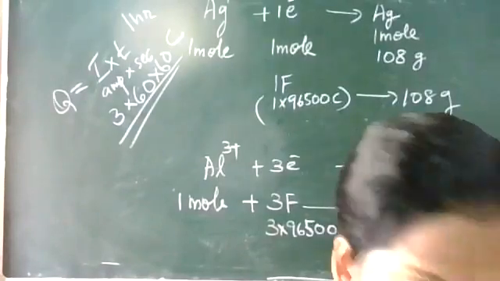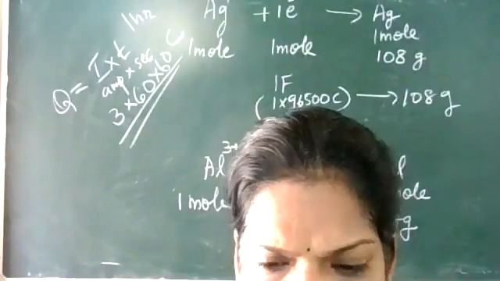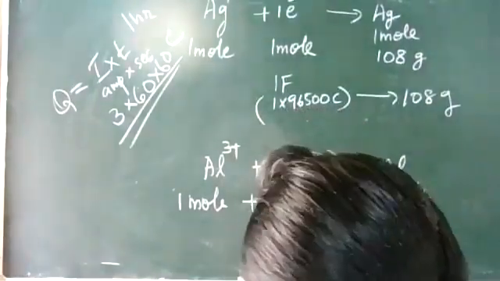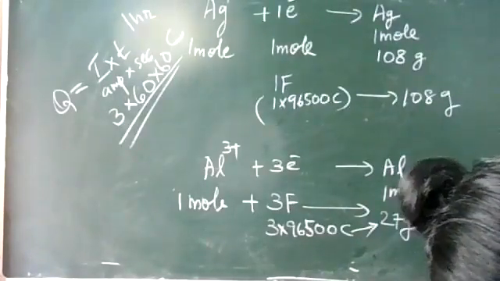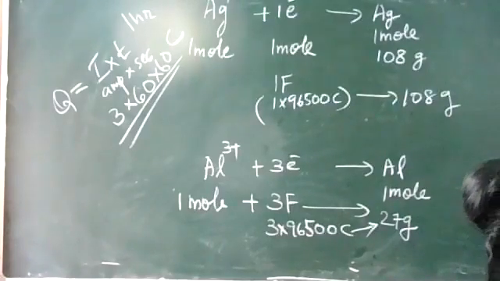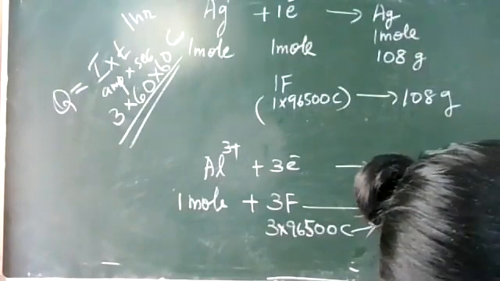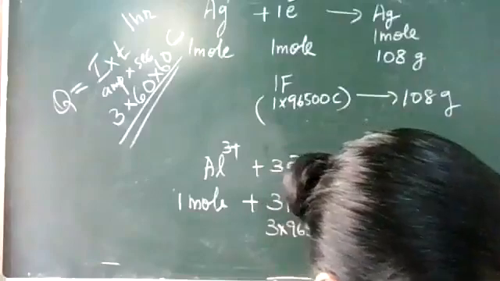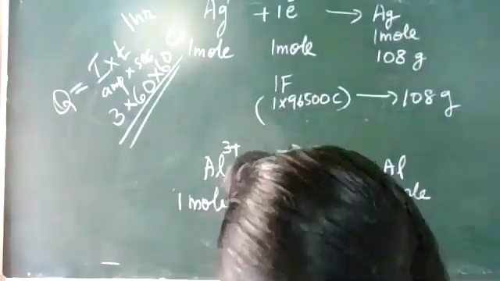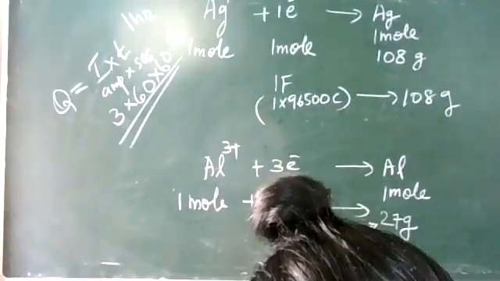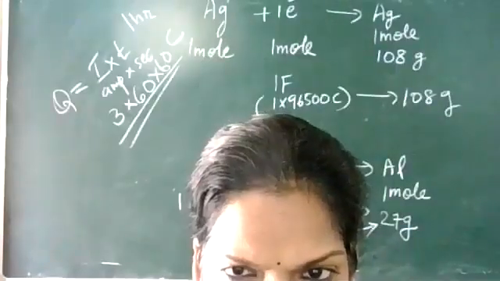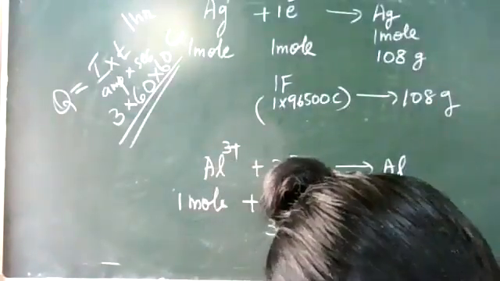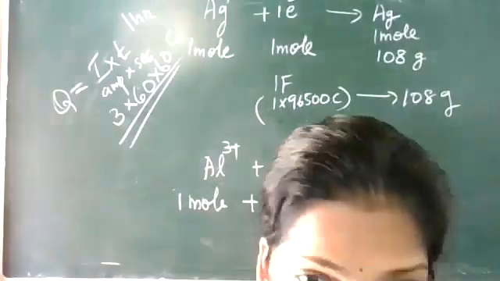Right, one question. What is the mass of copper deposited at cathode when a solution of copper sulfate is electrolyzed for 10 minutes with a current of 1.5 ampere?